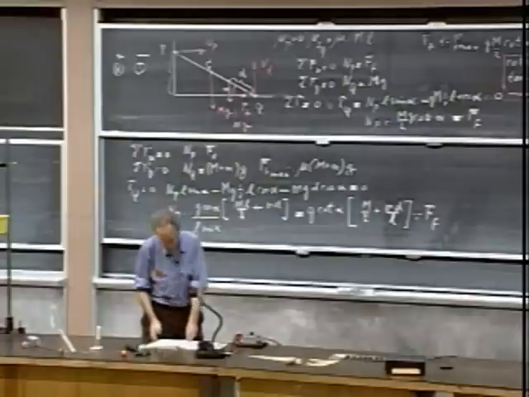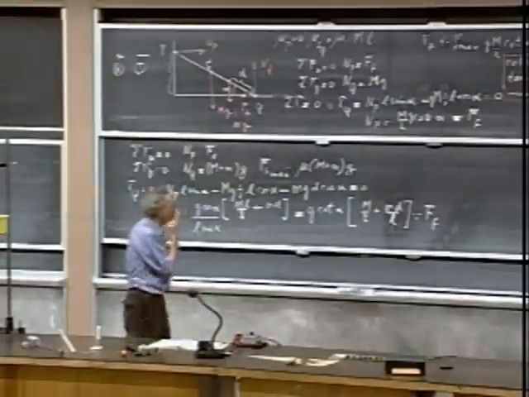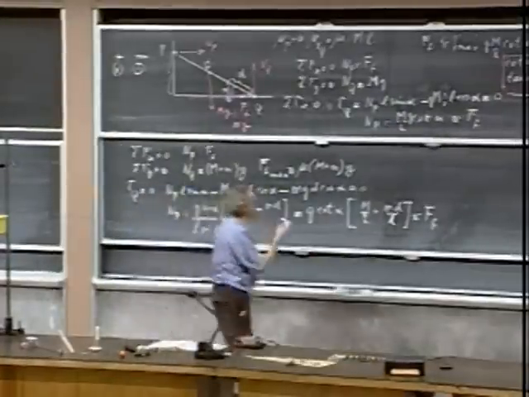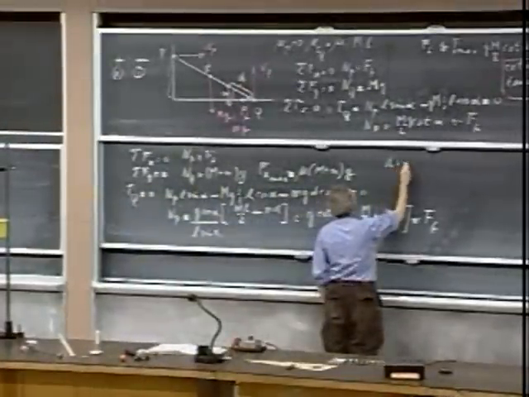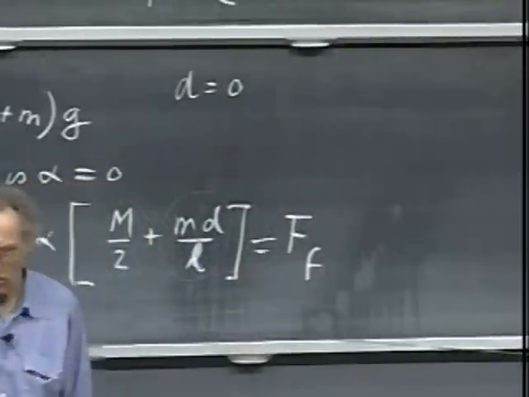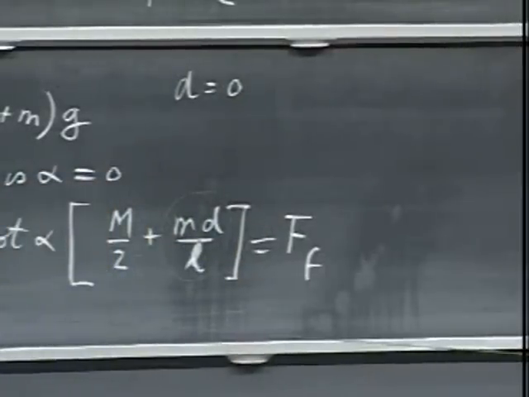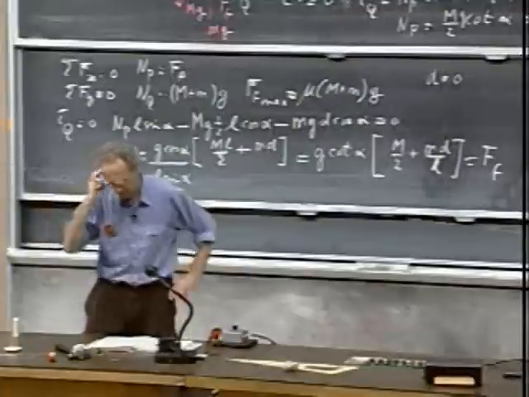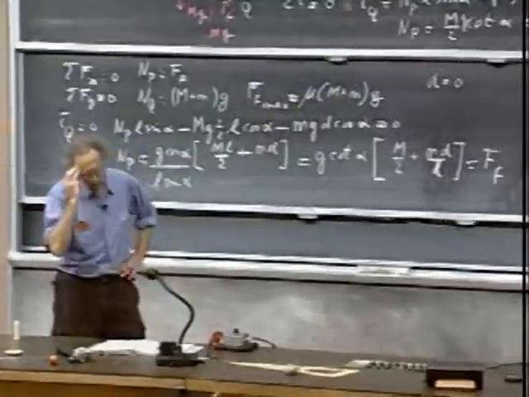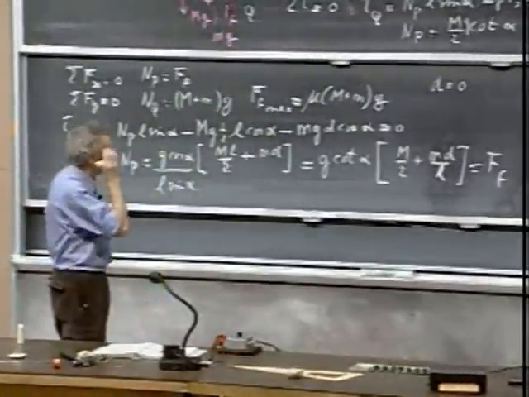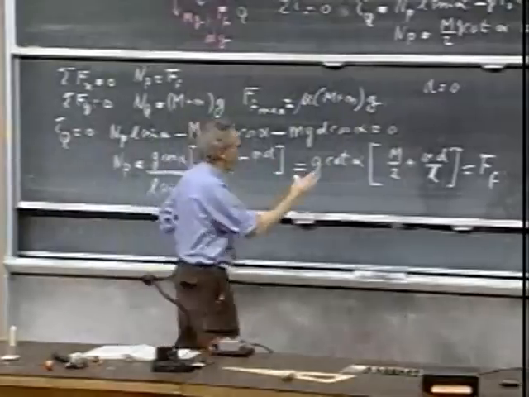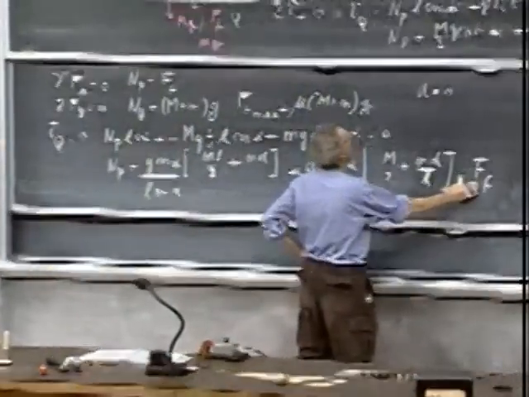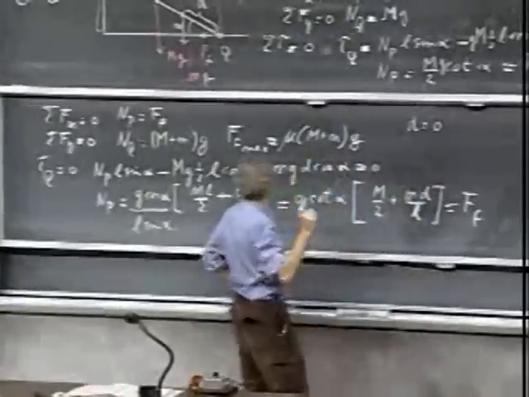And the best way to do that is to think of this first as making d equals 0. So we said the person starts at the bottom of the ladder, and we ask this person to gradually climb up. Now notice when d equals 0, the frictional force is exactly the same as it was before. There is no difference.